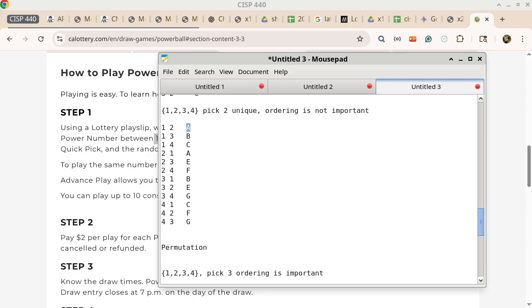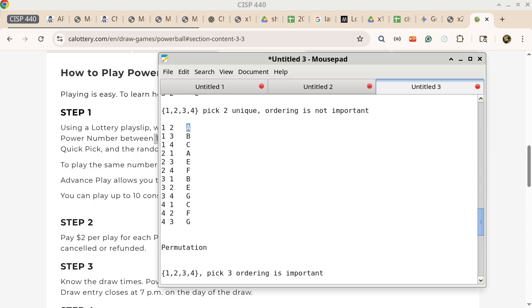Only two ways. Why? Because for the first item you have two choices, but for the second item you only get one choice.